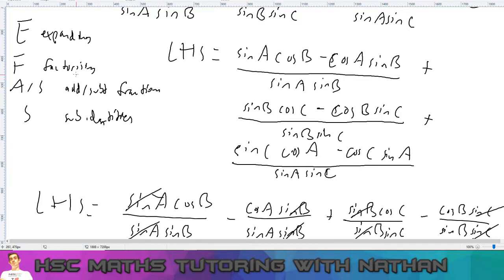If you followed the straight process going through this list, adding and subtracting the fractions, it would have become very messy, because you'd have to times this by sine C, these by sine A, and these by sine B, and try to add like terms. You can have a go at that, but I don't think that would look as nice as this trick. So this process, following this list, will get you the answer, but sometimes special tricks like splitting a fraction into two make it much nicer and quicker.